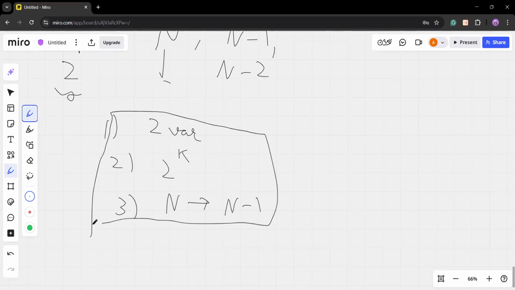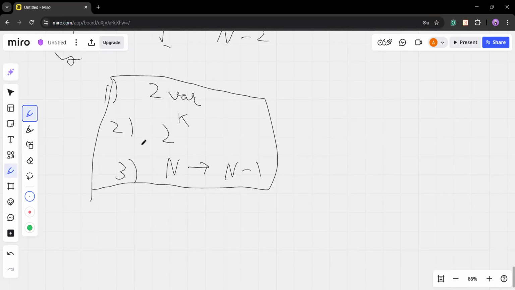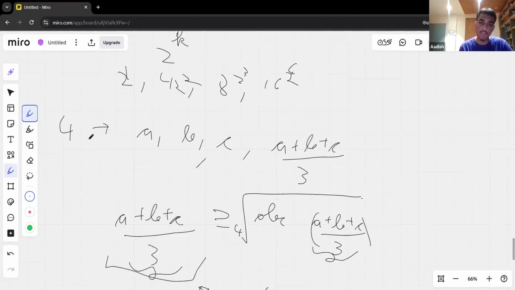So the way we went from n to n minus 1, can't we just smoothen the whole thing, and go from n minus 1 to n? No, because we used a very specific case for 4 variables: a, b, c, and (a plus b plus c) by 3.